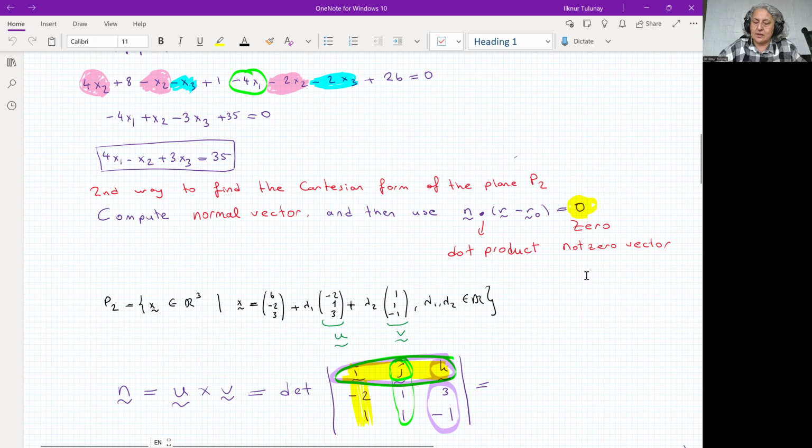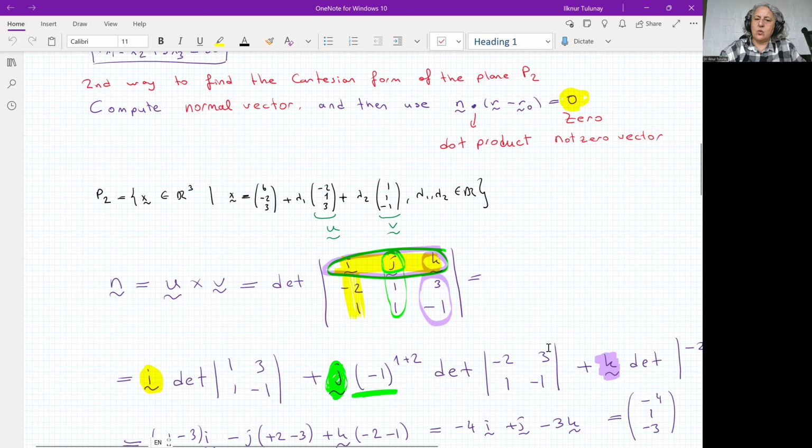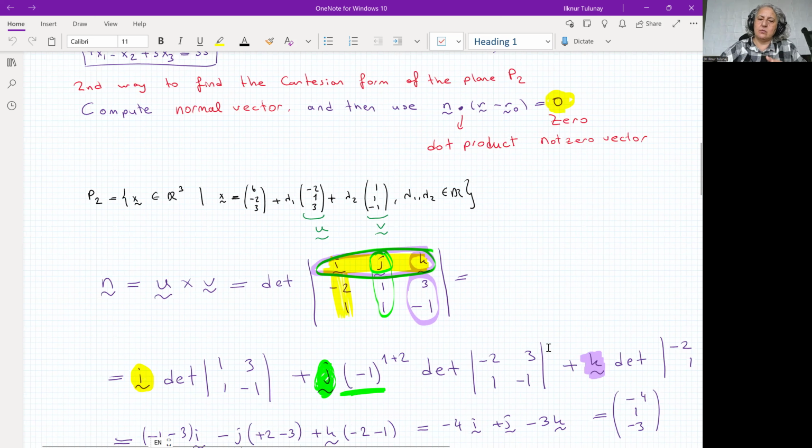Let's call this directional vector u, and this directional vector v. This is our P2 plane. I will show a long way to calculate the normal vector, and I will show the simpler way to calculate it. Actually, they both come from the definition. This is the long way, the usual way, using the definition of the determinant, which is the definition of the cross product.